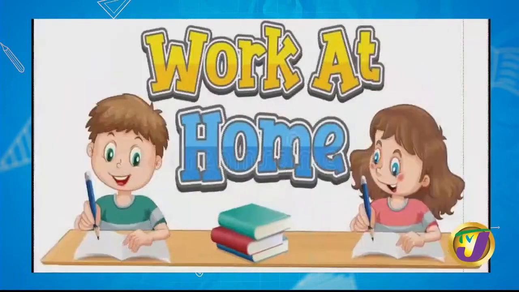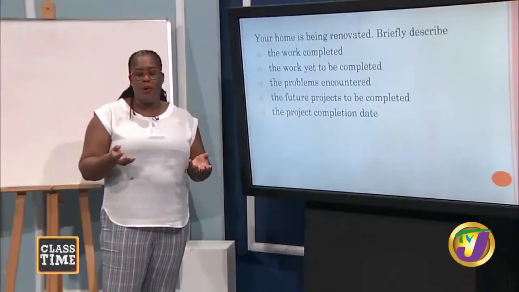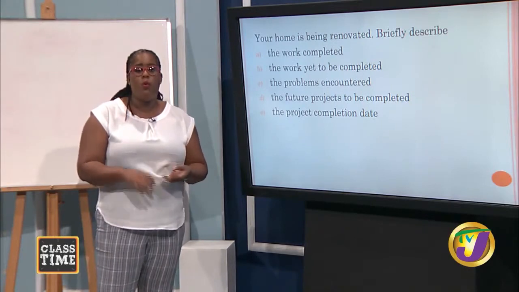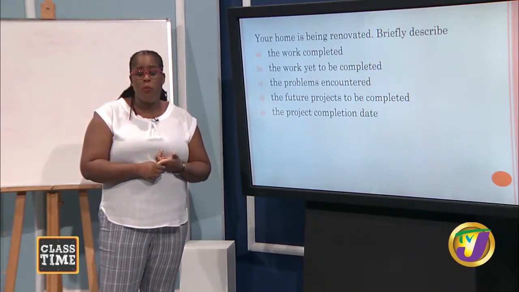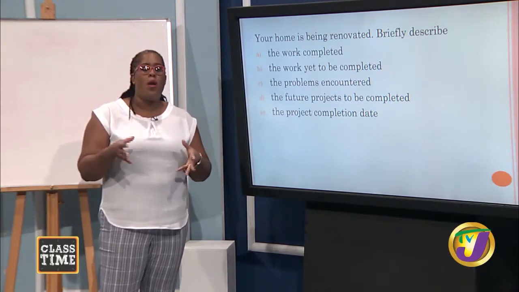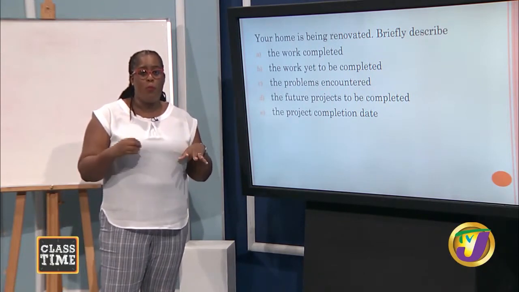All right, so we're going to be working at home now. Bearing in mind all the things that we have learned so far about the progress report, what you need to include, the importance of the progress report, and what types of progress reports you can create, you are going to be required to construct your own progress report.